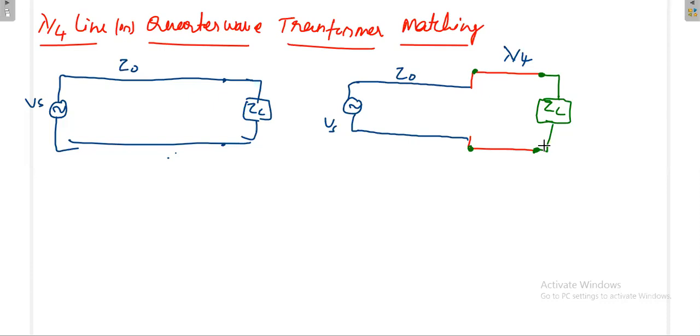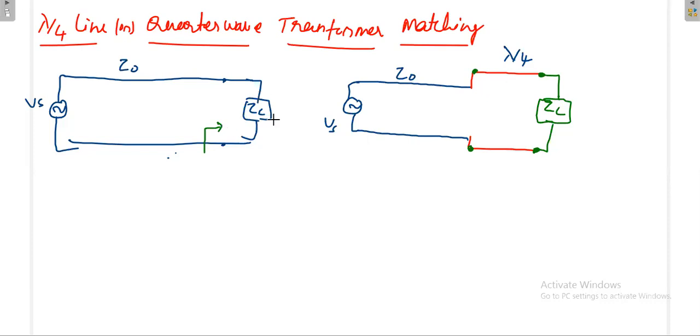Previously my energy was going directly from the line to the load. Now my energy is going to go through the transformer to the load. My aim is this: when I look in this way, my impedance is ZL.